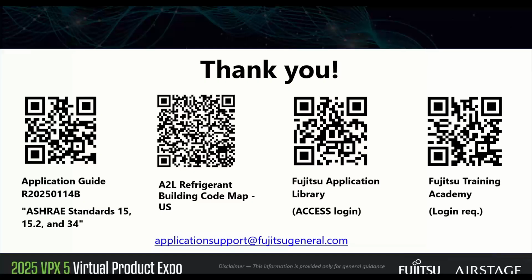The building map code, the ASHRAE, is the next one. The Fujitsu application library has a lot of good information there. Fujitsu Training Academy has a lot of good classes specifically about R32. And if you have questions, you can always send them to applicationsupport@fujitsugeneral.com, and then our application team will answer them and help you out there.